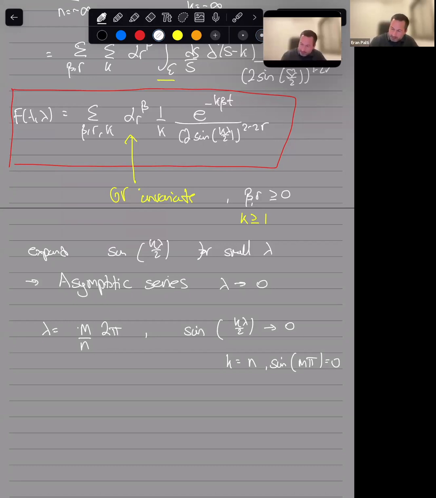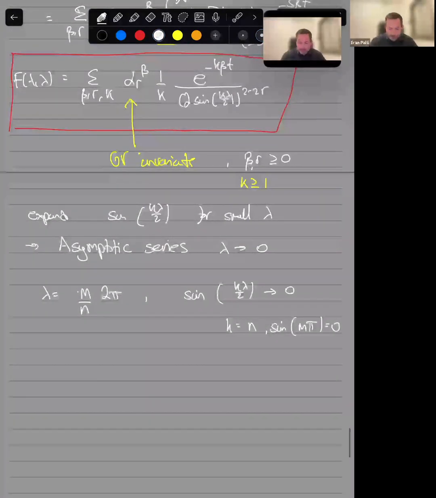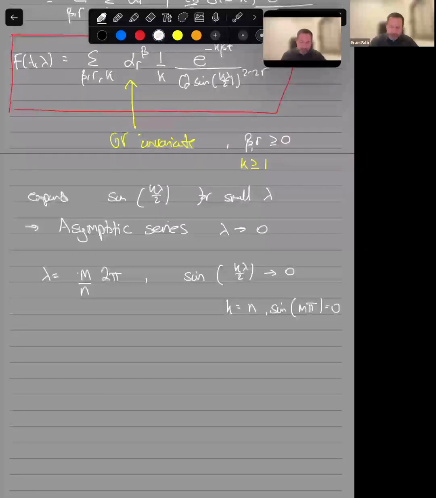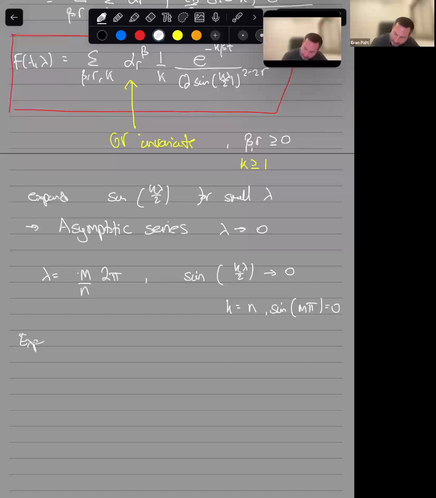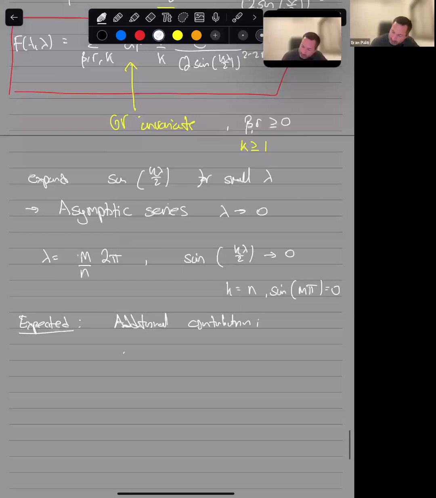The idea is that this series is not really the complete expression for the free energy, but the expectation is that there are additional contributions that are missing from that expression, and those additional contributions are non-perturbative in lambda. So they would go like e to the minus t over lambda. So non-perturbative.